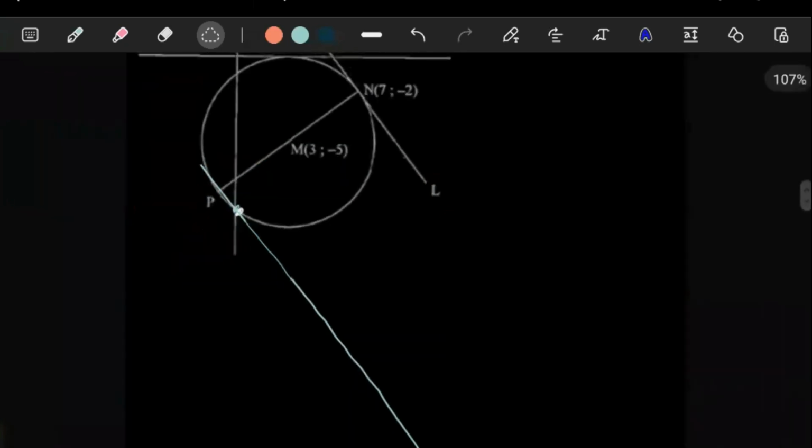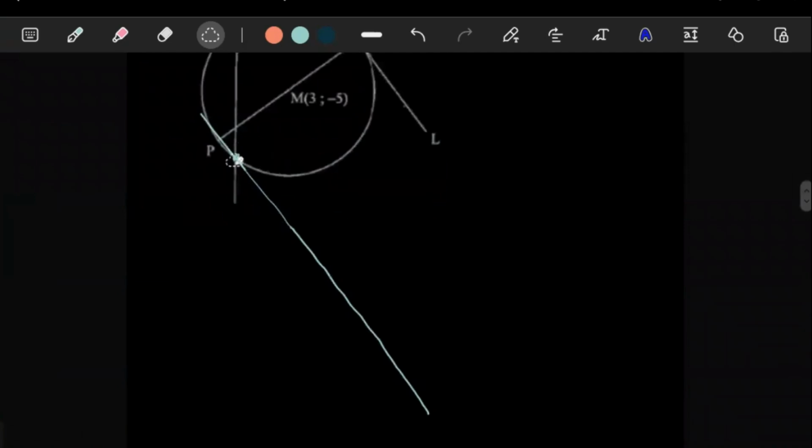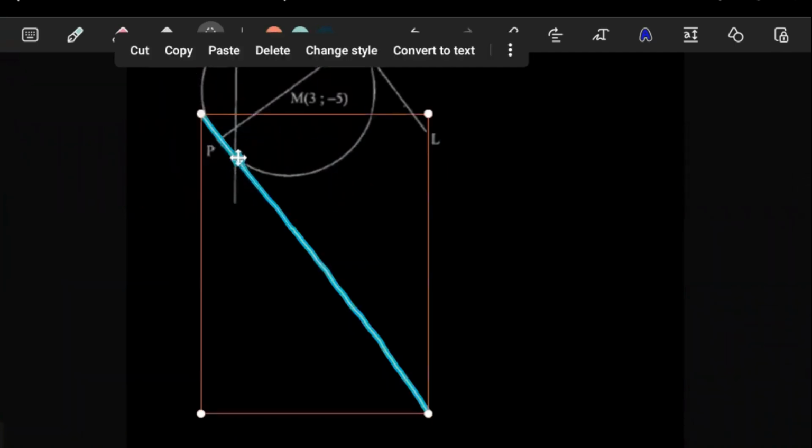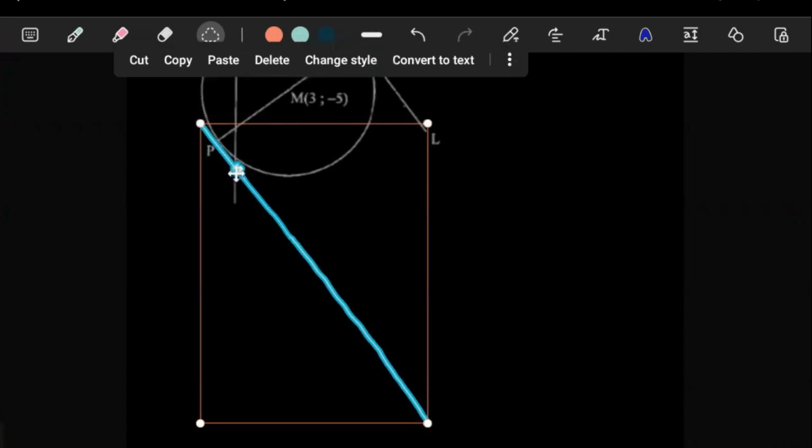You almost don't know exactly where, but it definitely is going to be somewhere down there, because if it goes any lower than that, it's not going to be cutting your circle twice anymore.